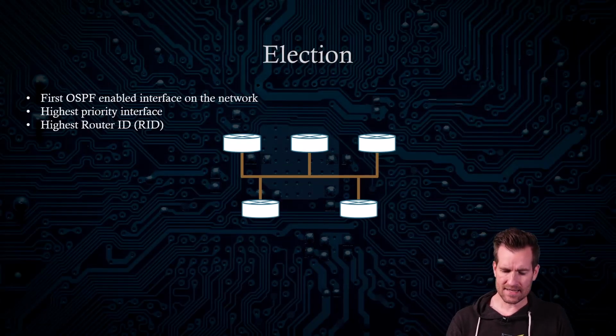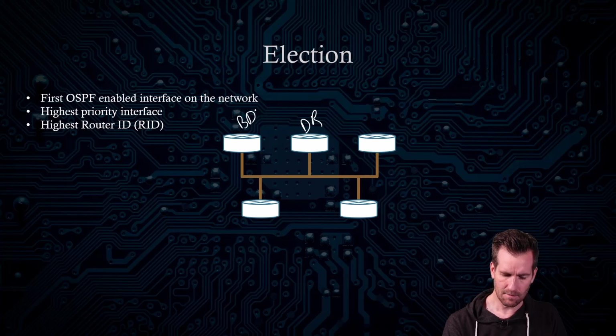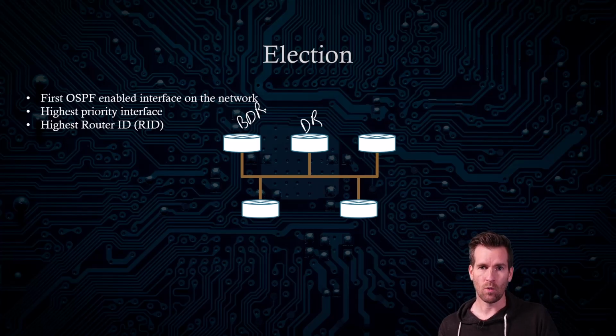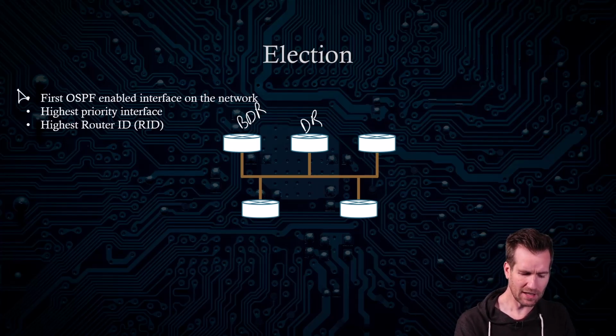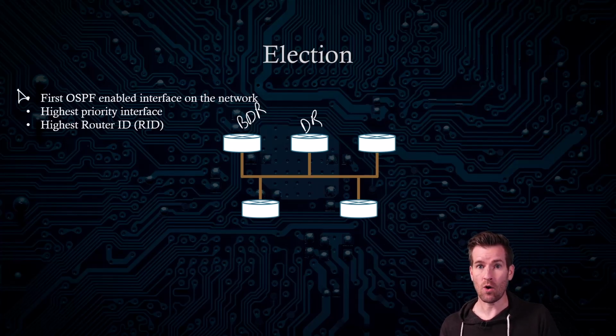So how does a DR become a DR and a backup DR become a backup DR? What is the election process? Well, it boils down to 3 different things. First of all, it's really who gets there first. Who has OSPF turned on first? Whose router starts up first? Whatever is communicating on this network first.